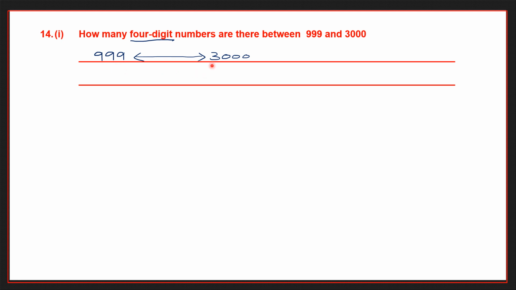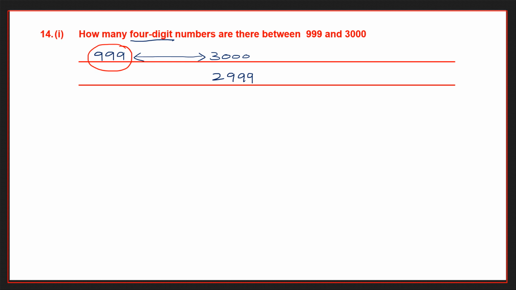So we have to take the number before 3000, and the number before 3000 is 2,999. This is the first number, isn't it? And then we have to take 999, which is the greatest 3-digit number. If I add one more to it, it becomes a 4-digit number.